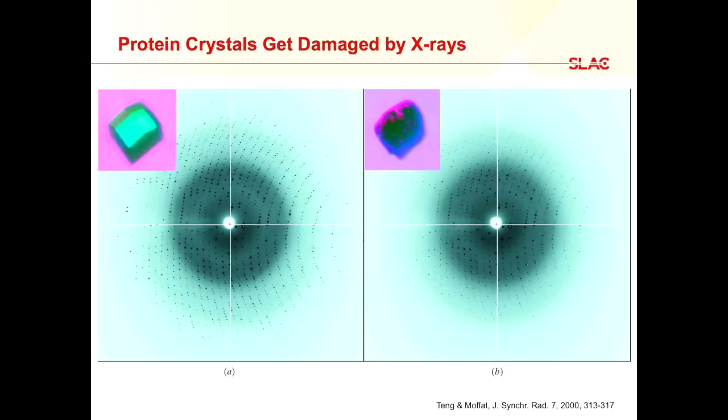The higher angles give you the finer details, so as you start to lose the higher angles, you lose the information you're after. As I said earlier, we use X-rays to probe the structure of matter of those molecules, but we want to do it in a way that does not destroy what we're trying to see. X-rays give us the information we want, but they also destroy the information we want.